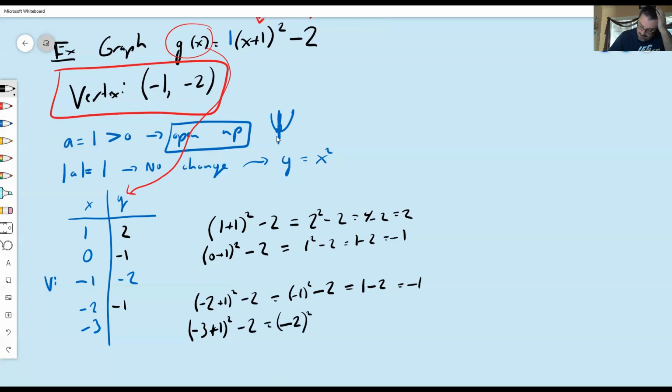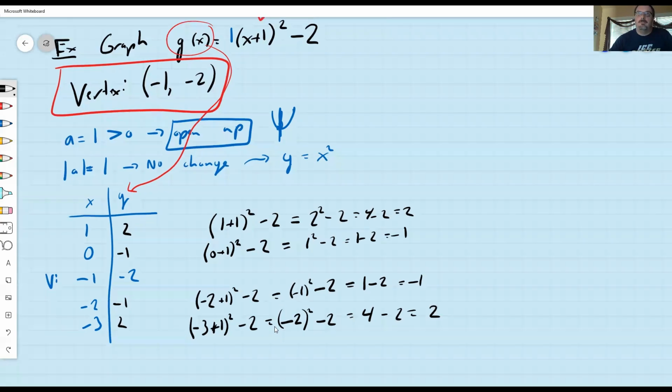Minus 2 squared minus 2 equals 4 minus 2. There we have it. That's our table. All right. Now, figure out drawing a picture.